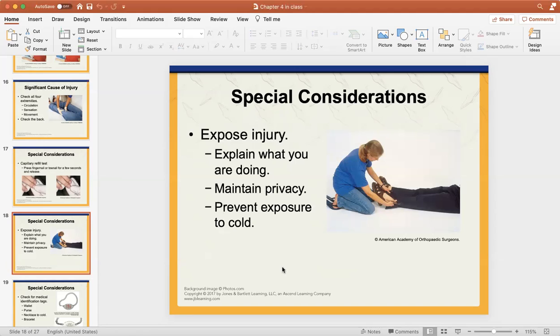In order to expose some injuries, if you see this woman right here, she is cutting the pants, because maybe it's a knee injury. She's going to need to cut the pants in order to remove that section of clothing to see if the individual really does have a knee injury.